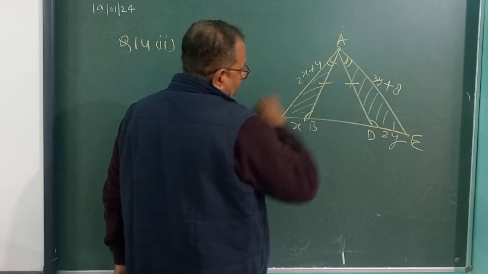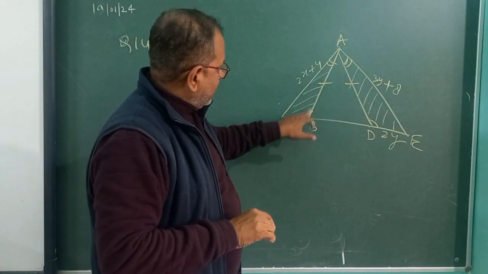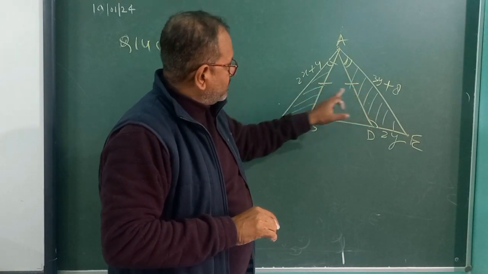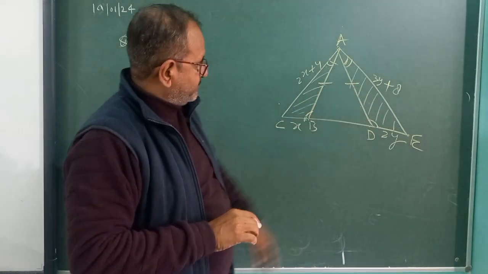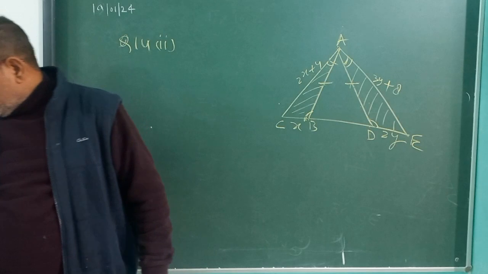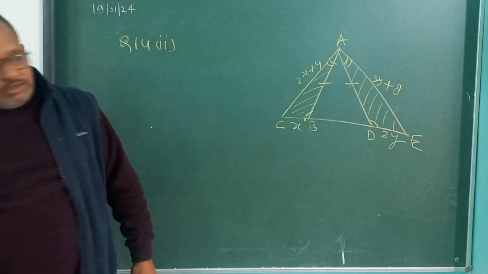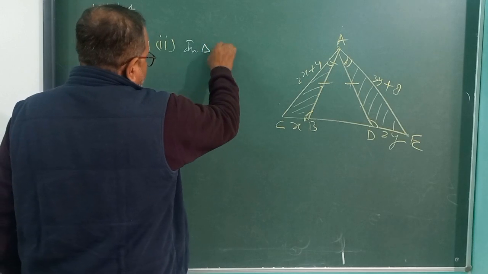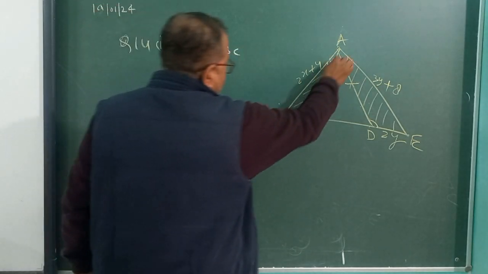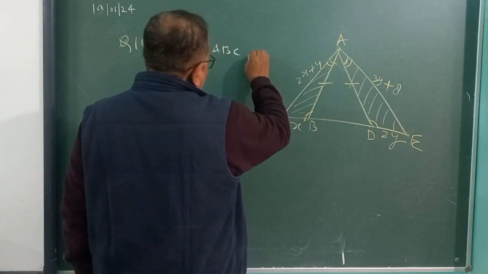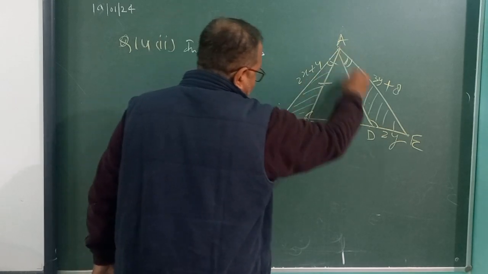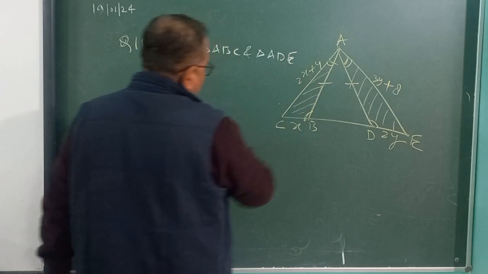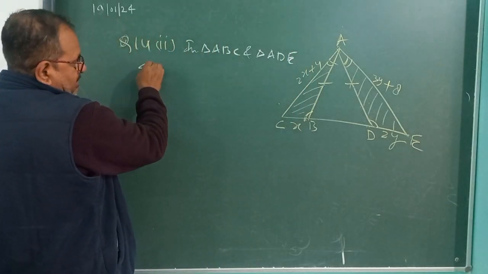So these two angles are also equal. So angle, side, angle. Both the triangles are congruent. Right, in triangle ABC and triangle ADE, write the given things.